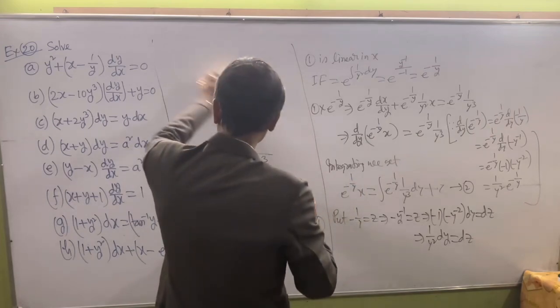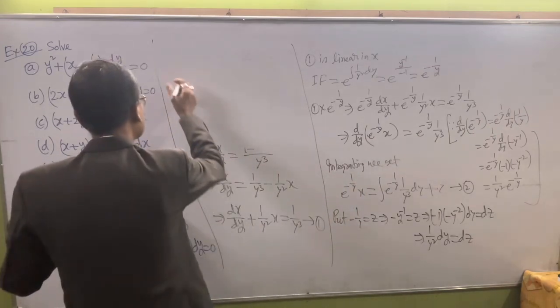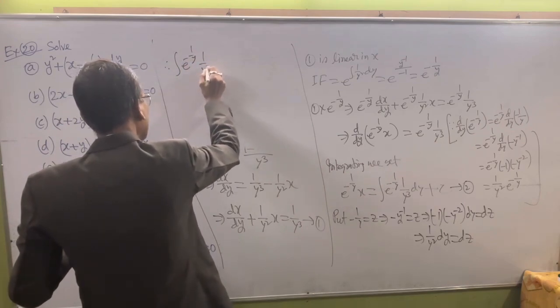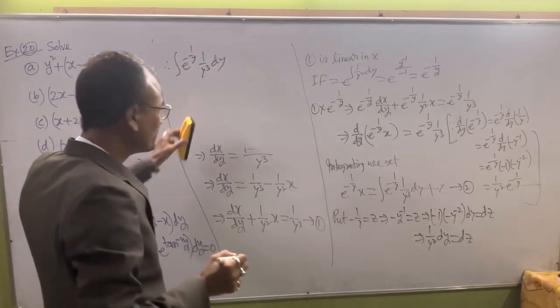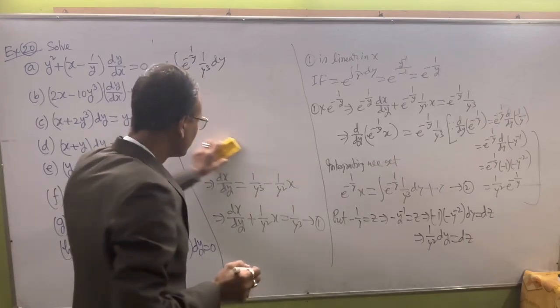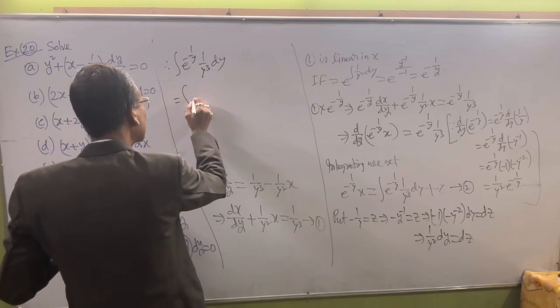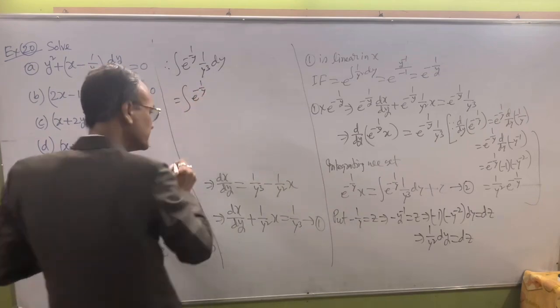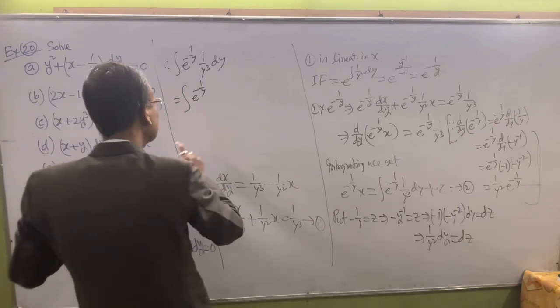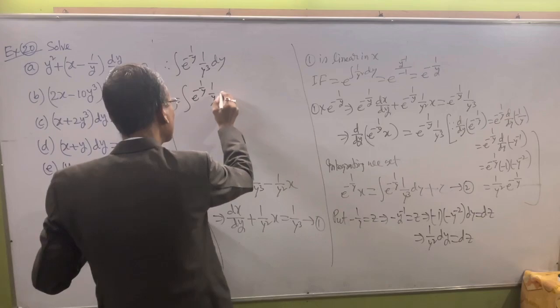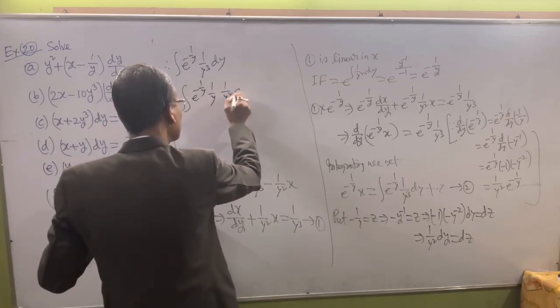Therefore, what will be this integral? Integration of e to the power minus 1 by y, 1 by y cube dy, is equal to integral e to the power minus 1 by y into 1 by y into 1 by y square dy.